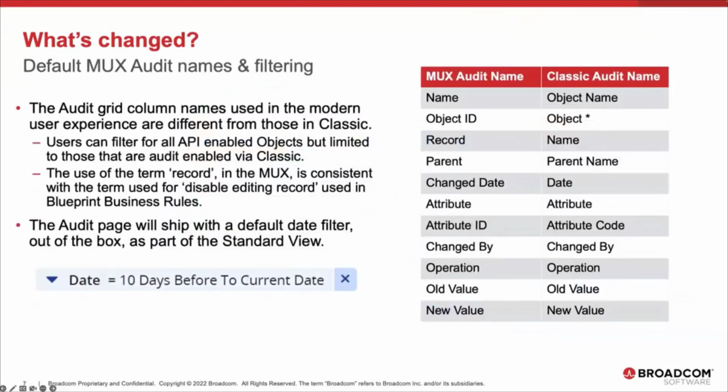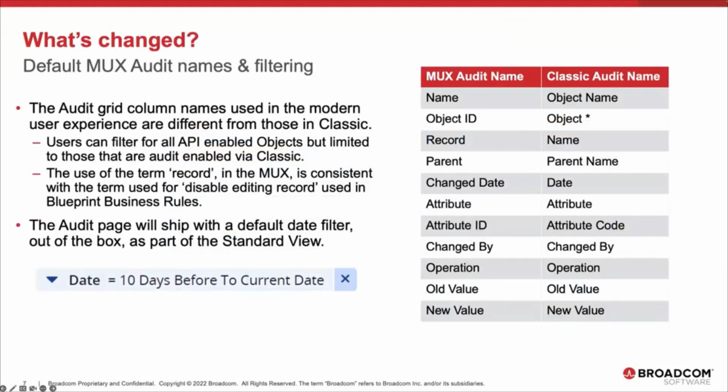The audit grid column naming conventions used in the modern user experience are different from those in Classic. The table on the right represents the naming comparisons between the modern user experience and Classic. A few minor tweaks were made to improve the experience for naming conventions.